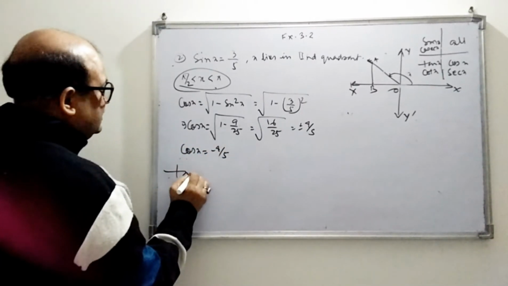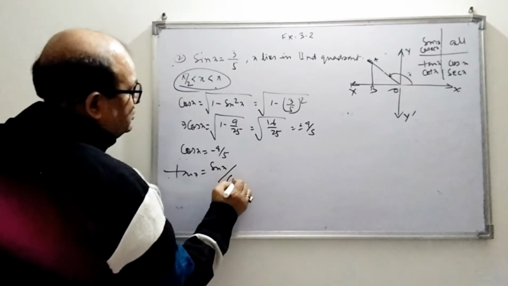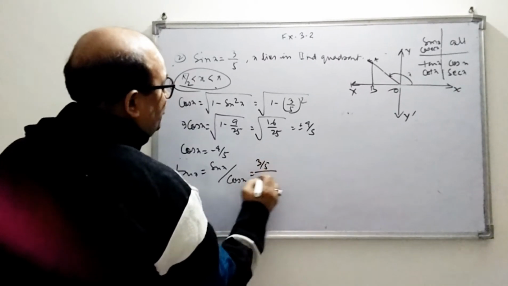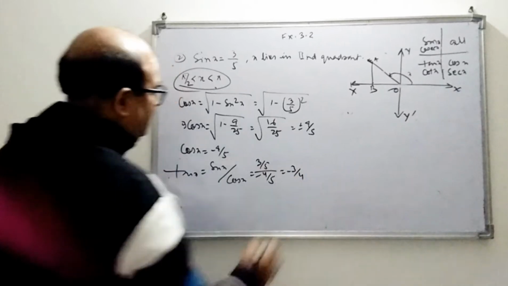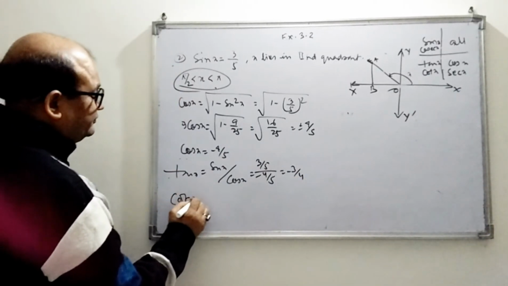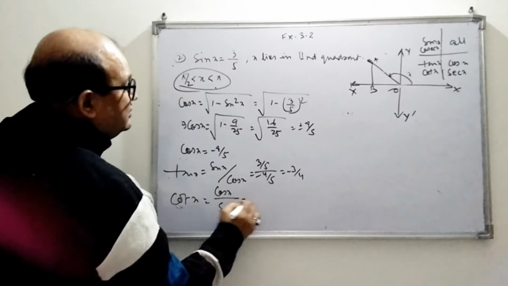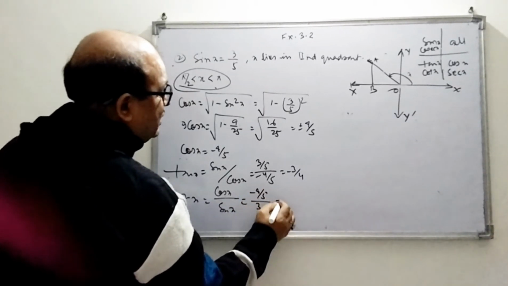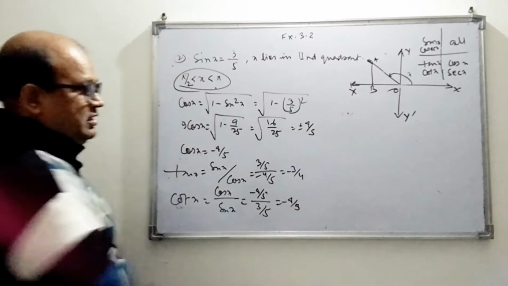Now tan x. Tan x is sin x by cos x, that is 3 by 5 upon minus 4 by 5. That gives you minus 3 by 4. Cot x, cos x upon sin x, that is minus 4 by 5 upon 3 by 5. That gives you minus 4 by 3.